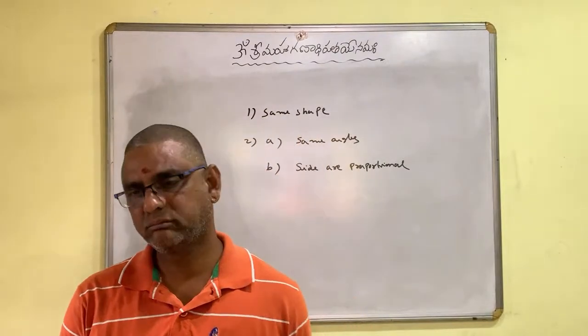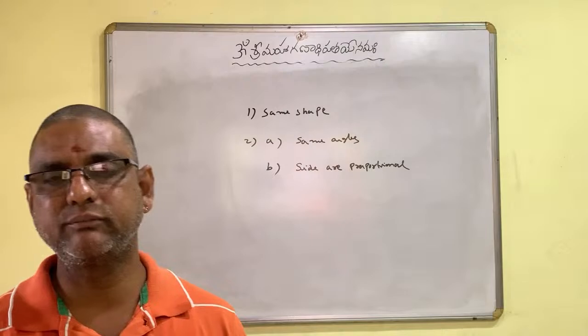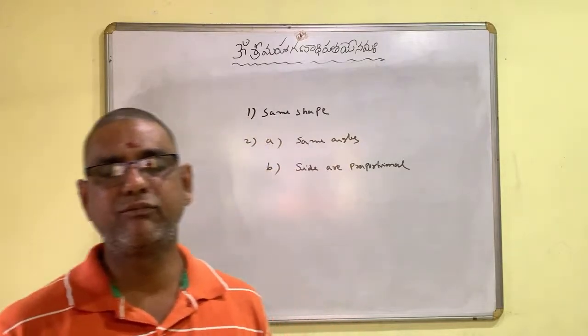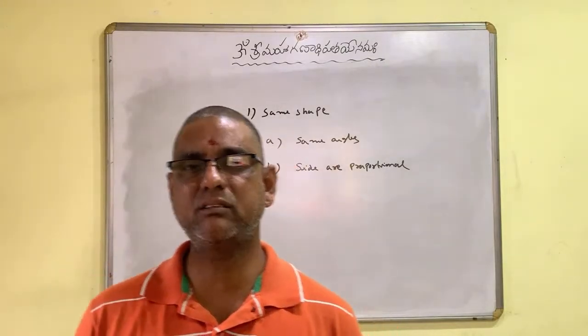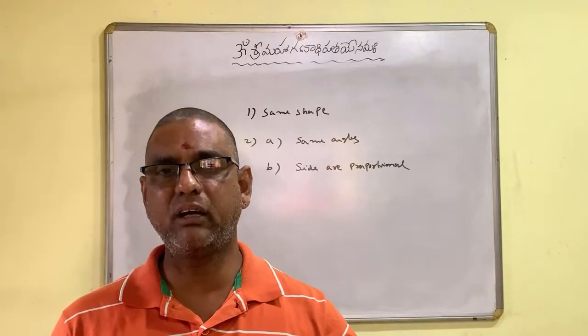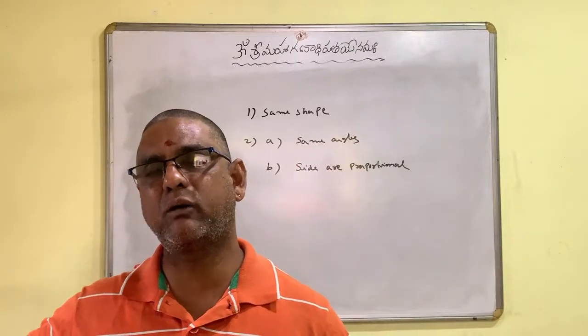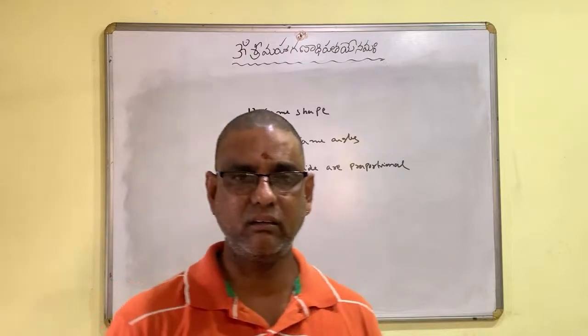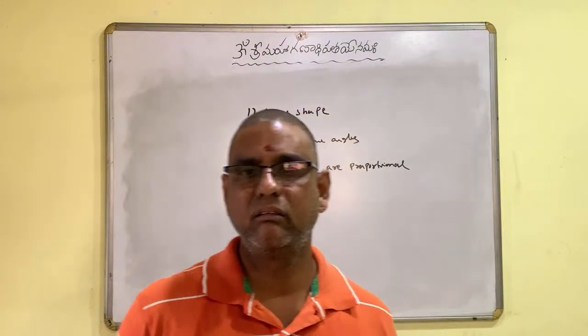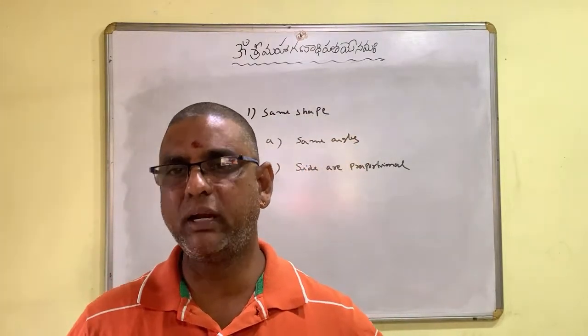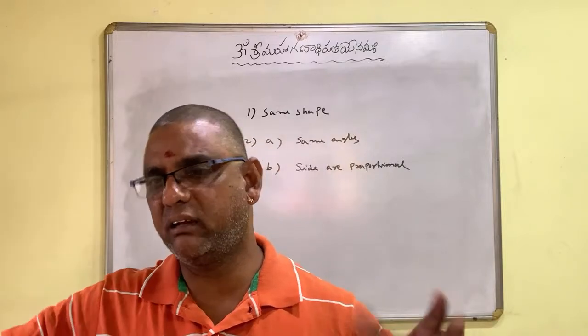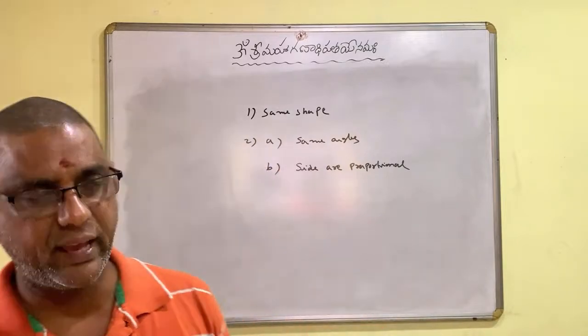Okay? They must have equal angles. If you consider two triangles, the three angles of one triangle are respectively equal to the corresponding three angles of another triangle. It should be like that.